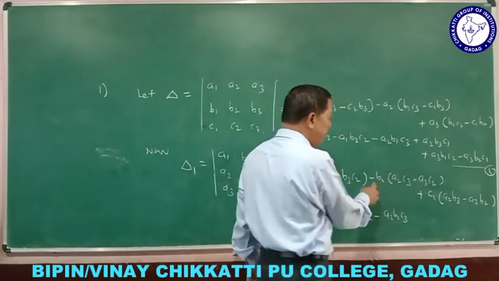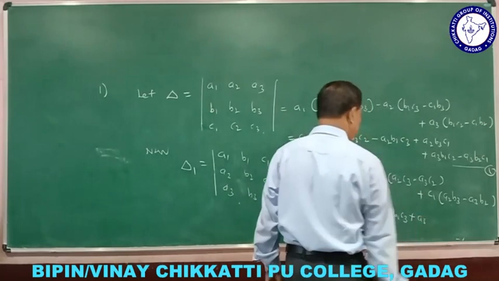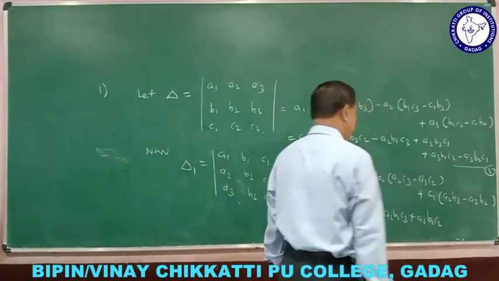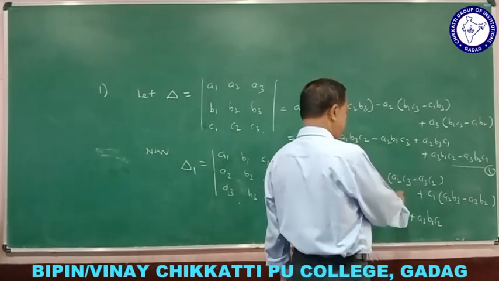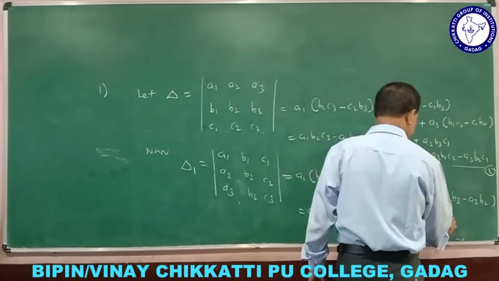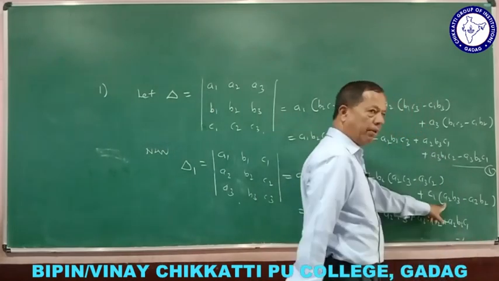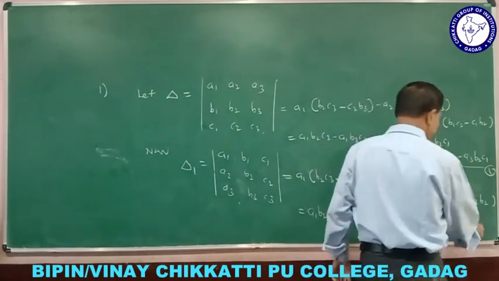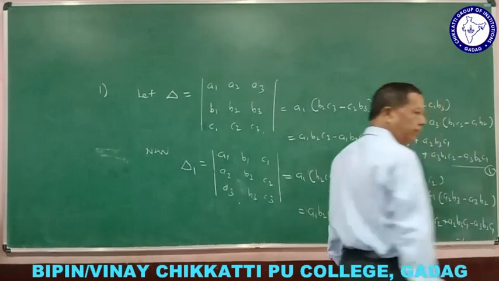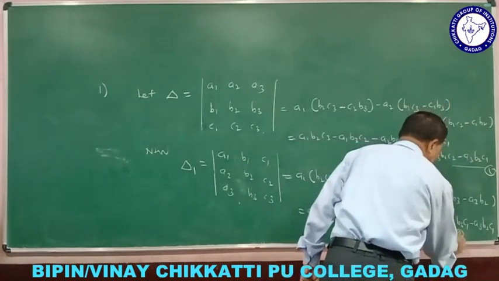Next, plus A3 B1 C2. Next, plus A2 B3 C1. Correct or not? Alphabetical. Next, minus A3 B2 C1. Now you call this equation number 2.